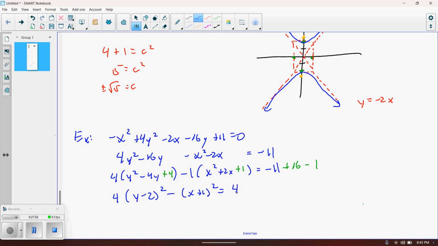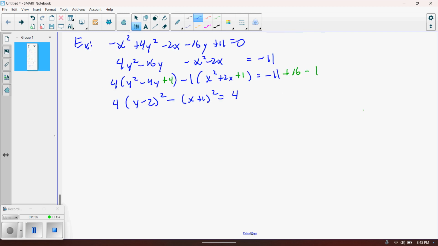That works out very nicely. Because now to put this in standard form, we're going to divide both sides by 4, which will then give us y minus 2 squared, technically over 1, minus x plus 1 squared divided by 4 equals 1. And now this is in standard form, which we can then use to find all the other pieces of information.